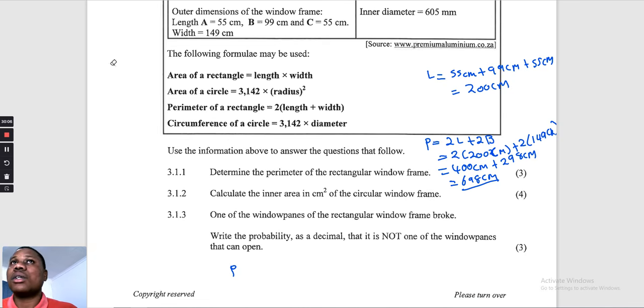We're just going to change a few things there. 209 multiplied by 2 is 418. We're going to have 418 centimeters.